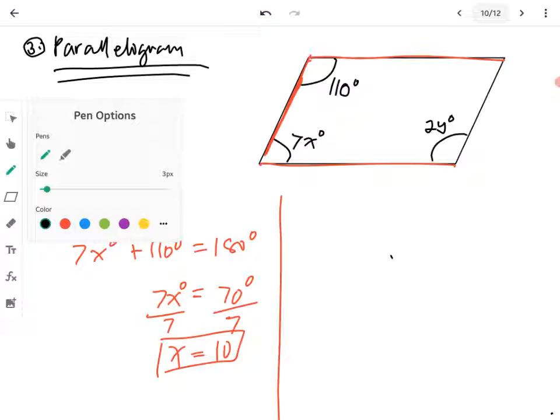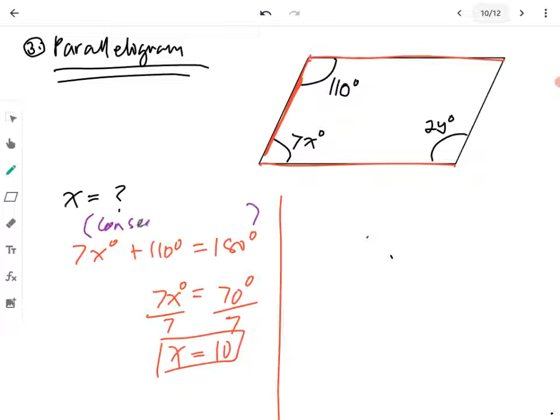It is important that we state our reason for setting up the equation. Why did we set up 7x degrees plus 110 degrees equals 180 degrees? It is because they are consecutive interior angles, and they are supplementary.